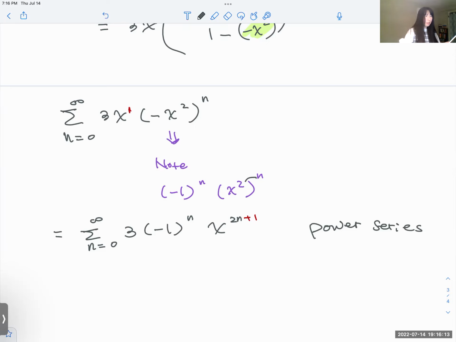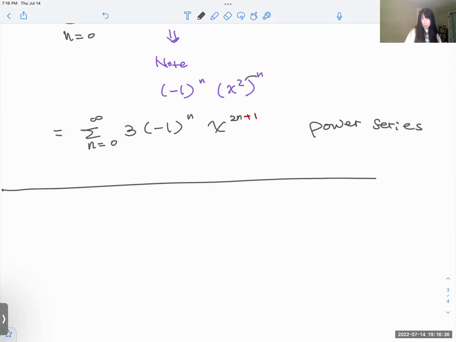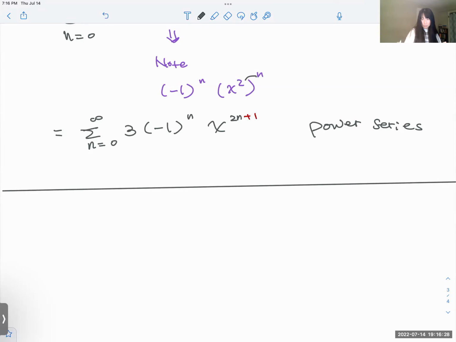How about if we have a power series in reverse? We're gonna find the rational function, all right? Power series 2 to the n power x to the n. Find the rational function.